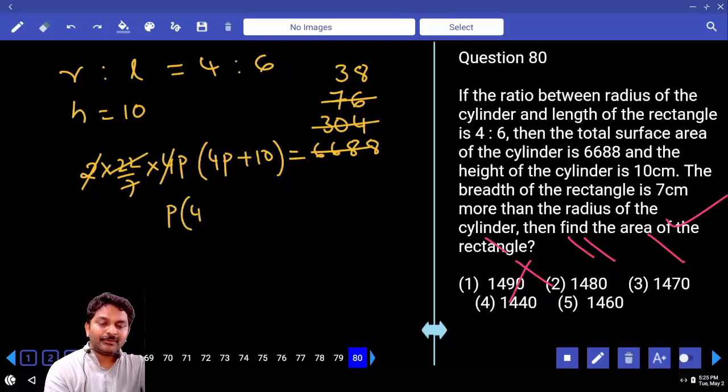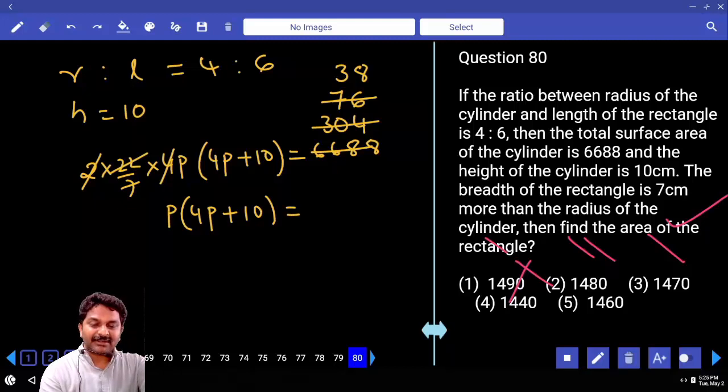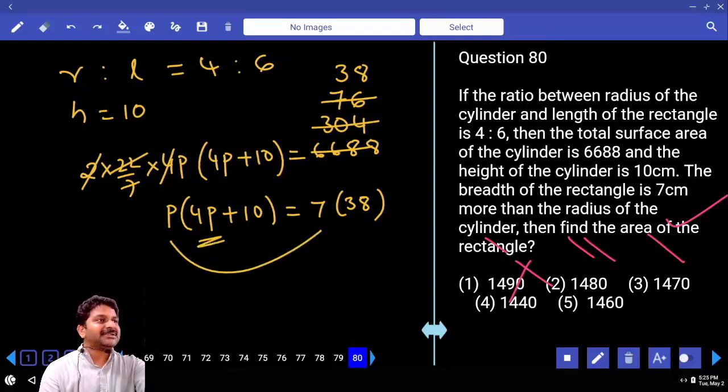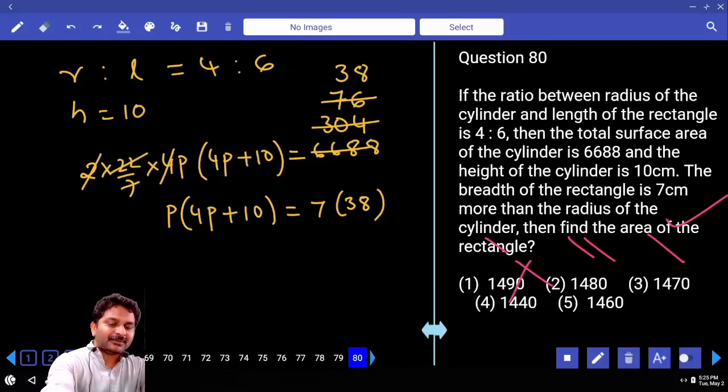P into 4 parts plus 10 is equal to 7 into 38. Yes. If P is equal to 7, what do you mean by 4 parts? 28 plus 10, 38. Satisfied?